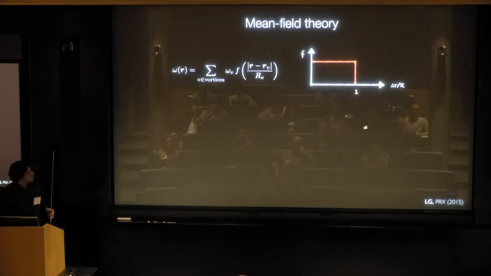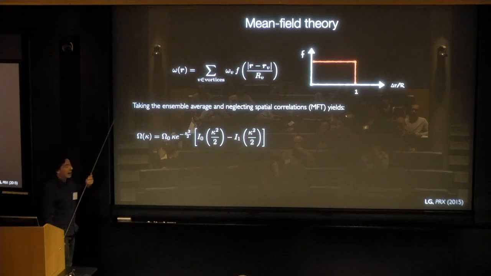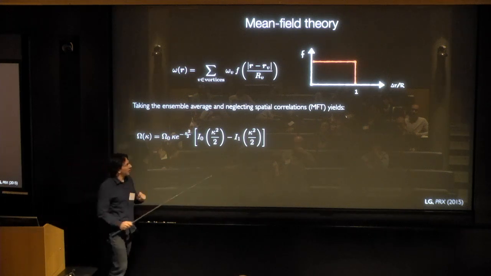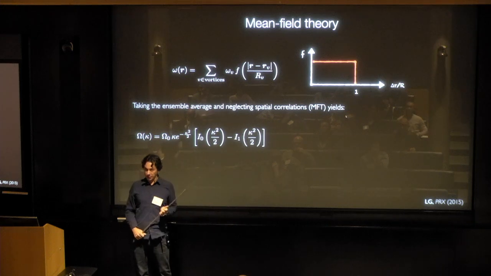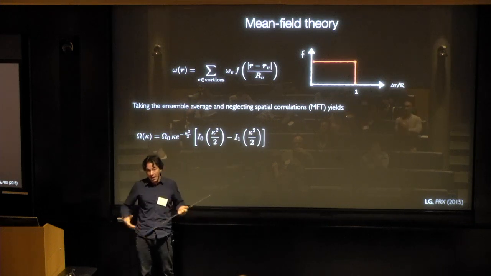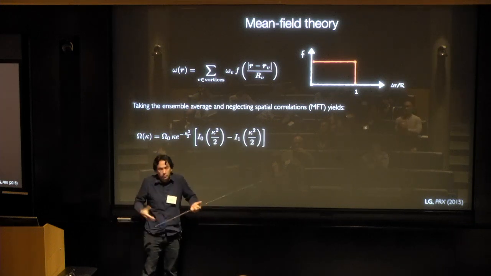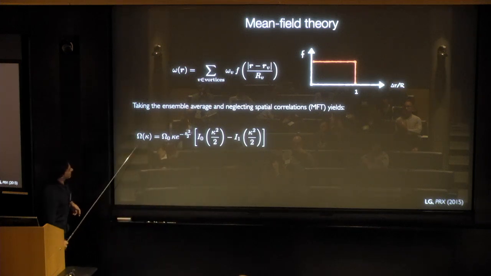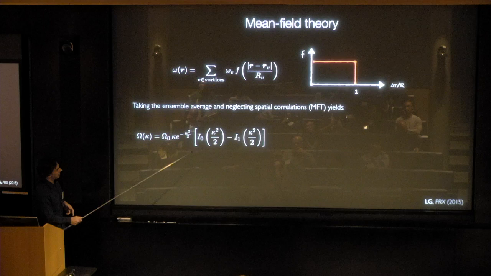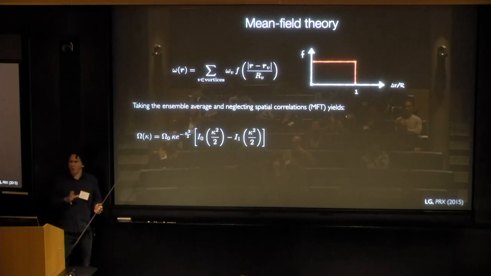Next, you can use this parameterization to calculate the ensemble average under the assumption that the vortices are spatially uncorrelated. This is a mean field assumption, and it's the best that I was able to do at that time. The spectrum for the entropy that you calculate using this approach is kind of convoluted.